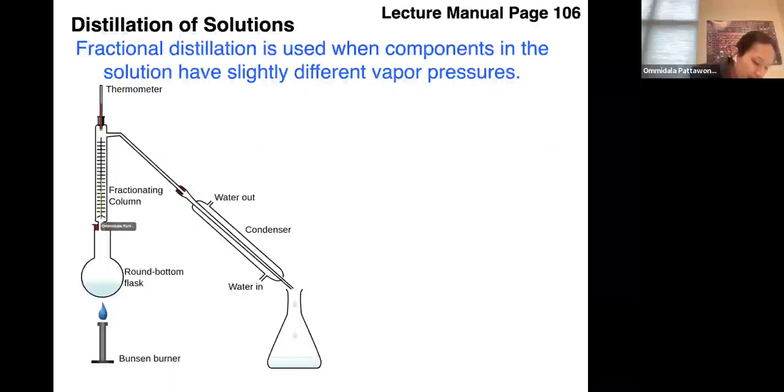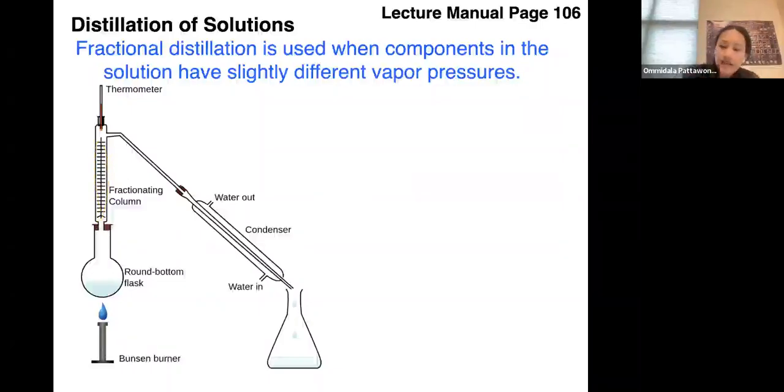As gases travel, if a gas doesn't have enough kinetic energy, it's going to start to condense and fall back down. So those that have slightly different vapor pressures are able to separate by this extension of the travel time for the gas.